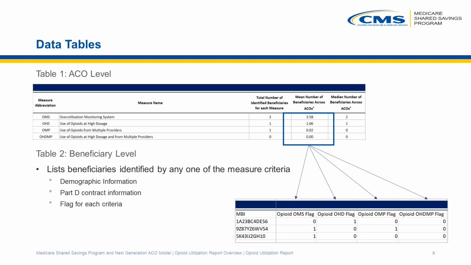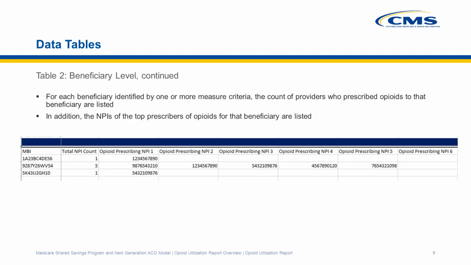Table 2 is at the beneficiary level and lists demographic information of beneficiaries, including their name and Part D contract information. It then indicates which measure criteria that the beneficiary was identified as meeting. If a beneficiary was identified by one or more measure criteria, then Table 2 also includes how many healthcare providers prescribed opioids to them, as well as the NPI numbers of up to 6 providers who prescribed opioids to that beneficiary.